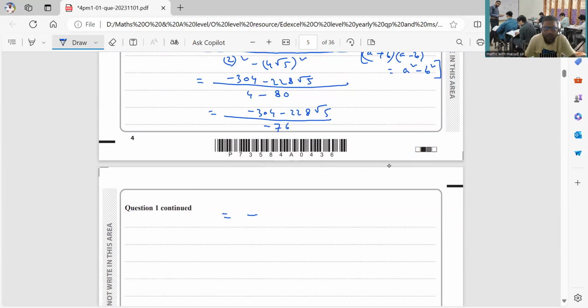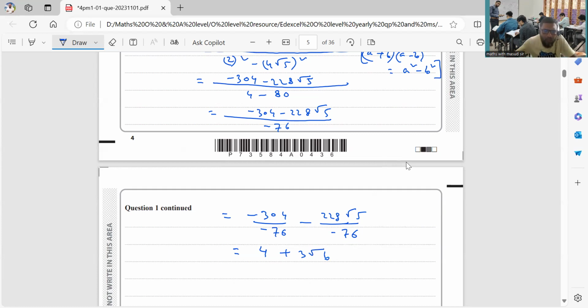See, if you write minus 304 over minus 76, and then we can write minus 228 root 5 over negative 76. So you can write it separately. That is called separate variable. And it will be minus 304 divided by minus 76, and it will be 4. And minus 228 divided by minus 76, and it will be 3. So finally we have got 4 plus 3 root 5.